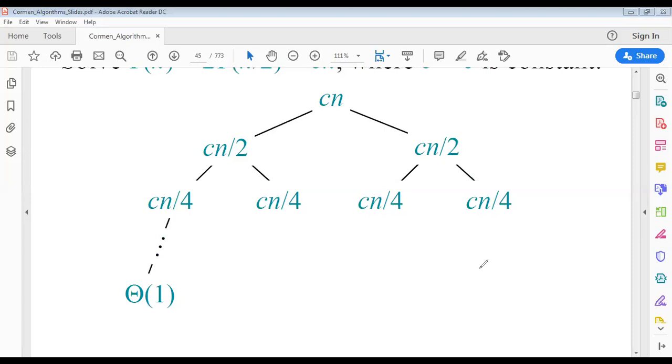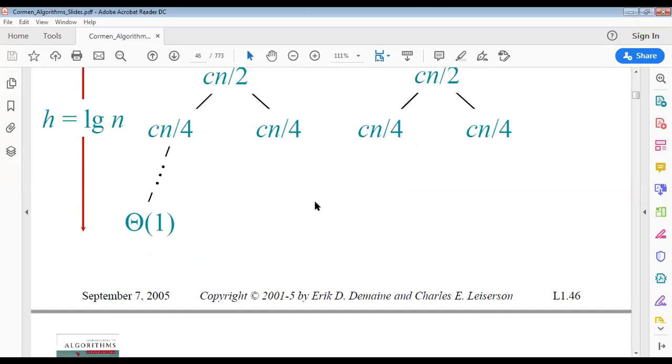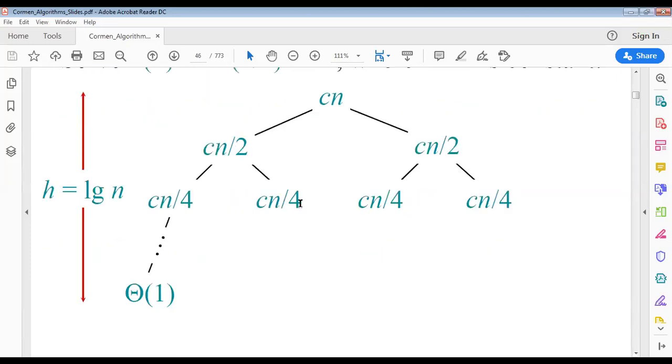This process continues, and the height of the tree will be log base 2 of n. This is because at each step we divide n into half, then again half, and again half until we get 1.